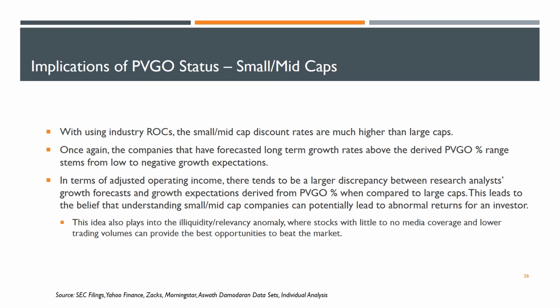And this idea also plays into that illiquidity effect, or maybe even companies that have too much media coverage that we just pay too much attention to. They're probably the ones with the most market efficient prices, whereas if you're looking at a smaller company, those prices aren't as efficient. Just a thought.